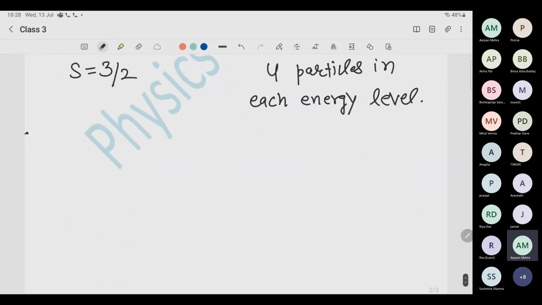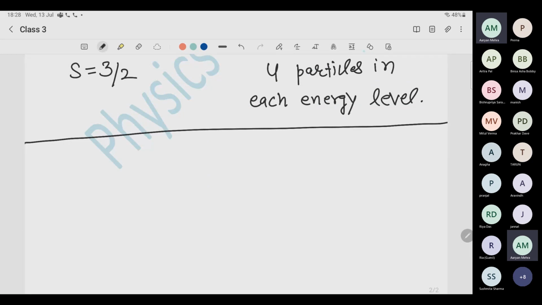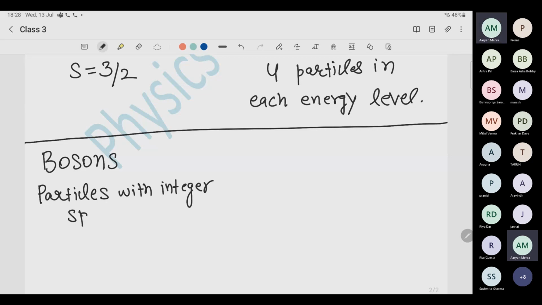Now comes the second branch of particles, which is actually called bosons. Bosons are the second class of particles, and these are particles with integer spin. So can anybody give me an example of a boson?